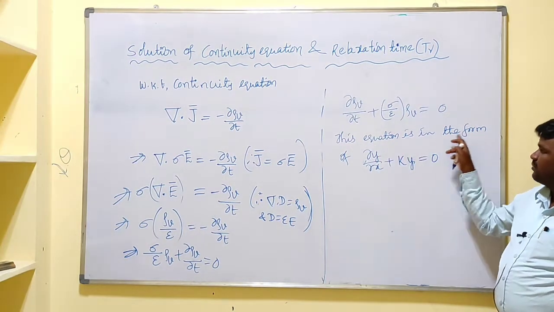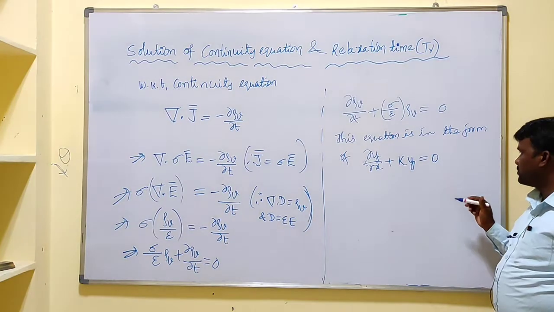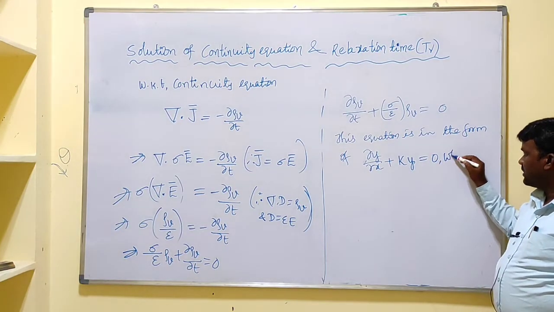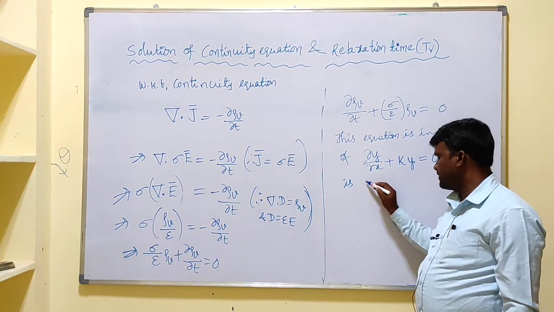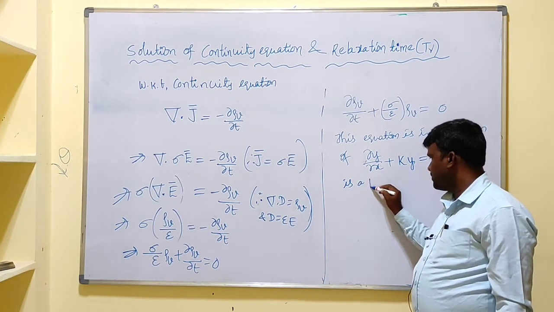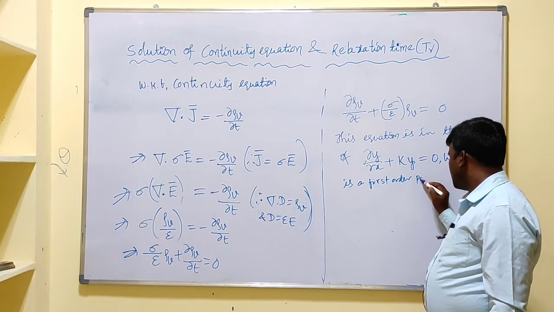This equation is in the form of dou y by dou x plus k y equals 0. Sigma is constant for the given medium and epsilon is also constant, so we can treat sigma by epsilon as a constant k. This is a first order partial differential equation.